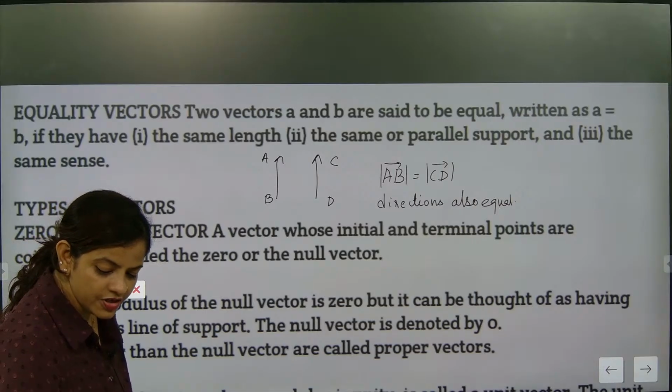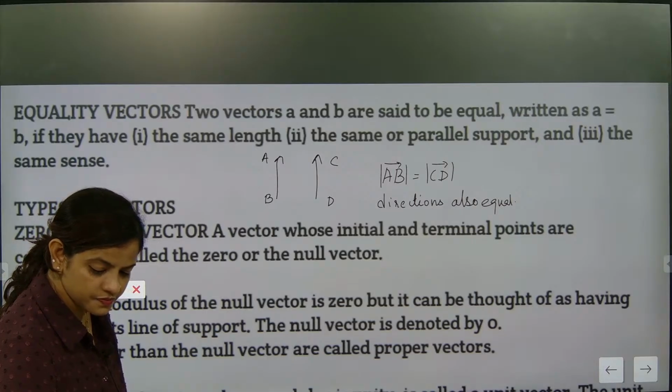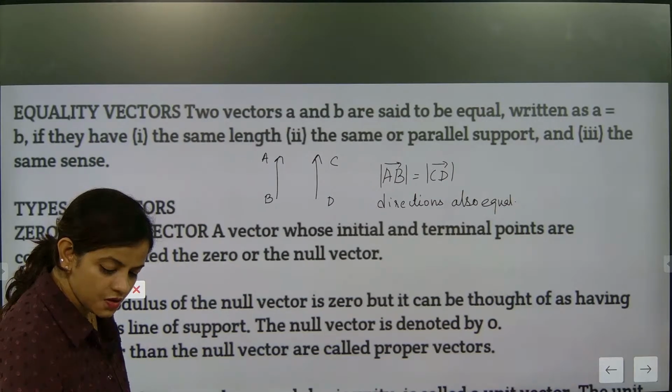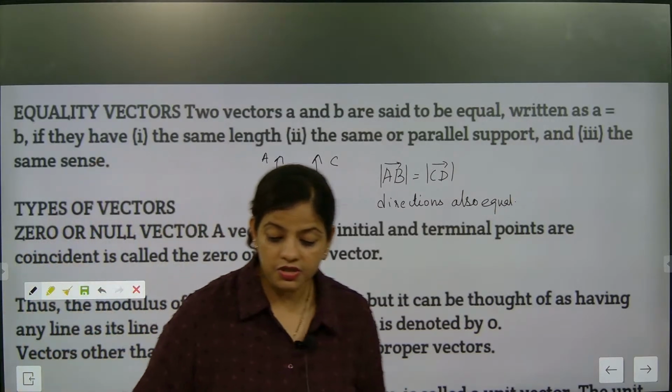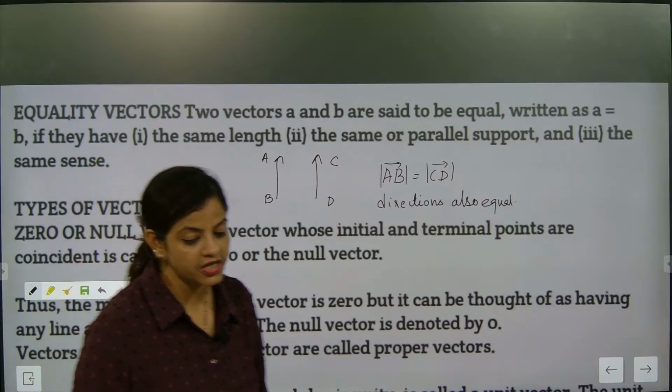I hope you have understood. Got it, beta? This is exactly the way we proceed with the questions.